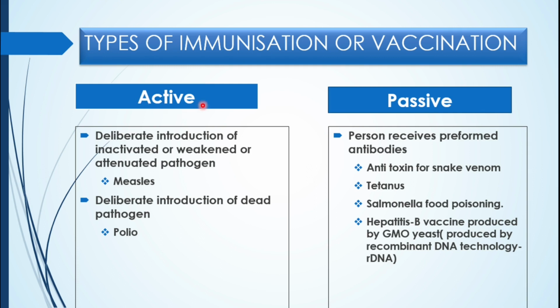Now, what exactly is active immunization? When our body is deliberately receiving inactivated or weakened or attenuated pathogens. Because our body receives these antigens, our body immediately starts producing antibodies against that particular antigen.